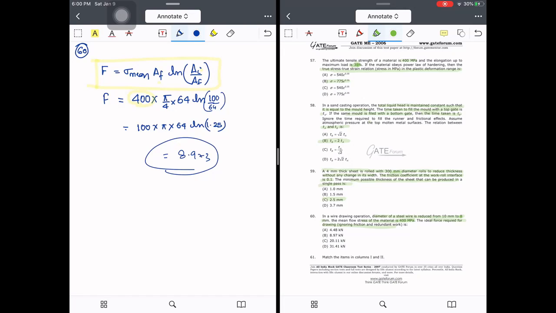I'm sorry, my answer is wrong. It is 8.973. So it is approximately, this is the answer. Actually I did not take the square of it, but let me see.